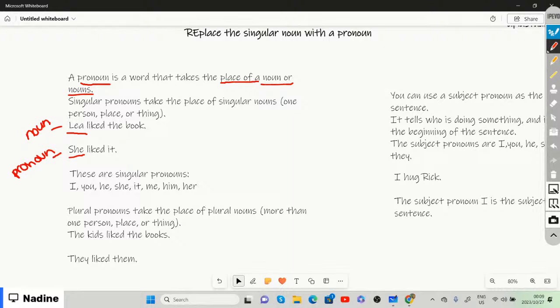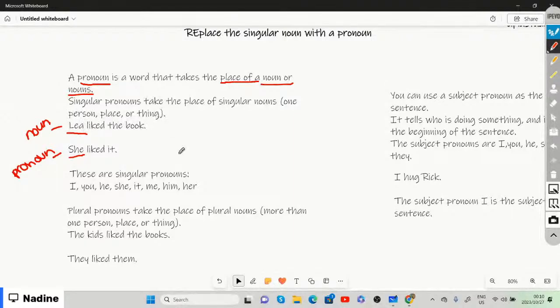The singular pronouns are I, you, he, she, it, me, him, or her. A singular pronoun takes the place of a singular noun. If we make an example once again, Leah liked the book.